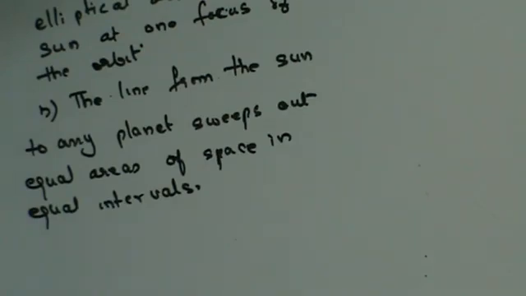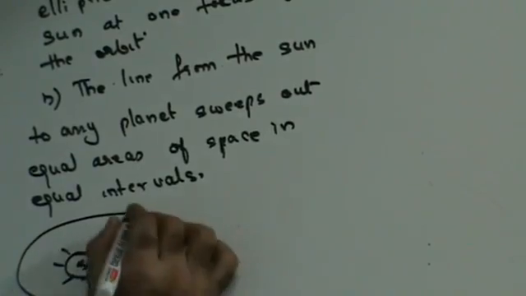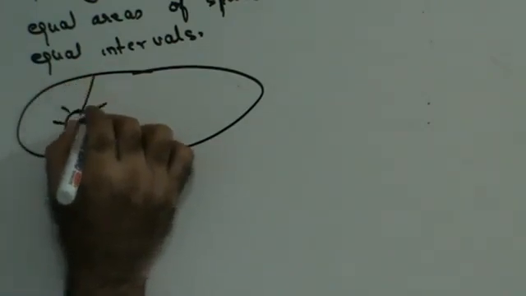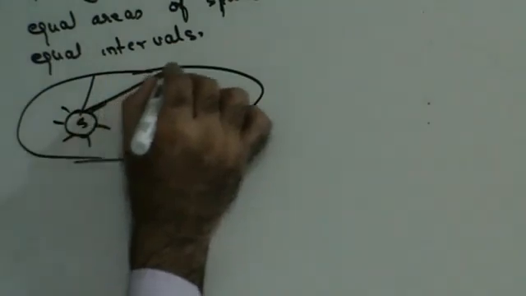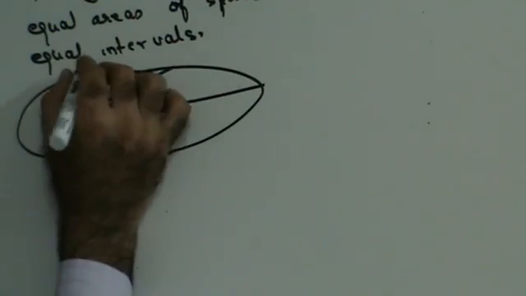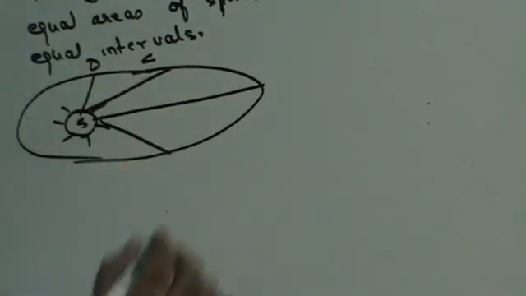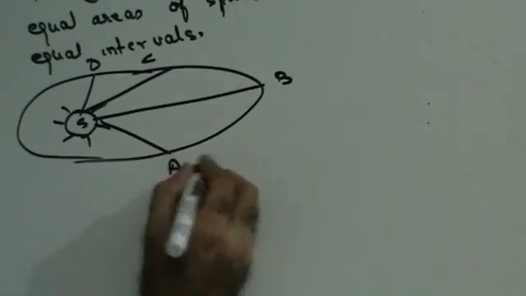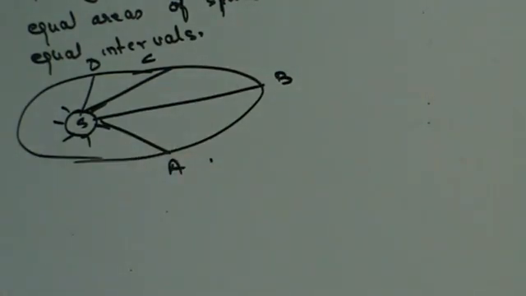That means suppose I have the Sun at one place, this is my Sun, and I have an elliptical orbit around it. Let's consider that from the Sun I draw three or four straight lines. Let's say this is point D, C, B and A. The line from the Sun to any planet sweeps out equal areas of space in equal intervals.